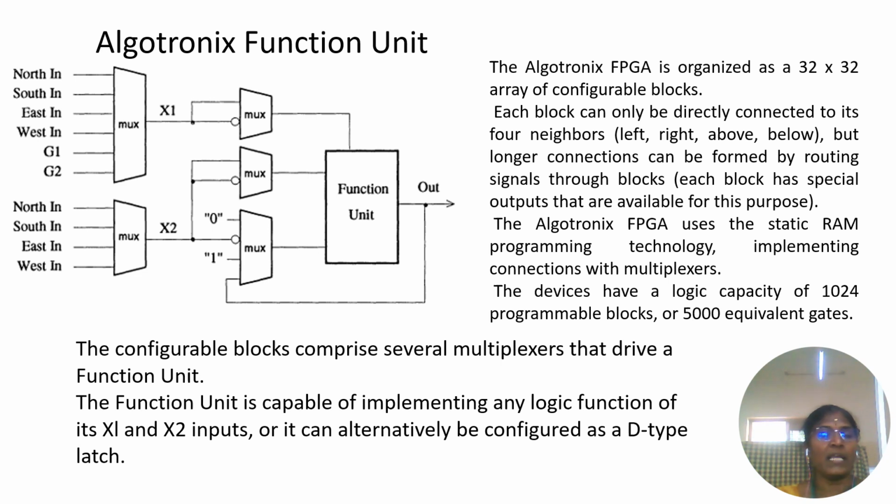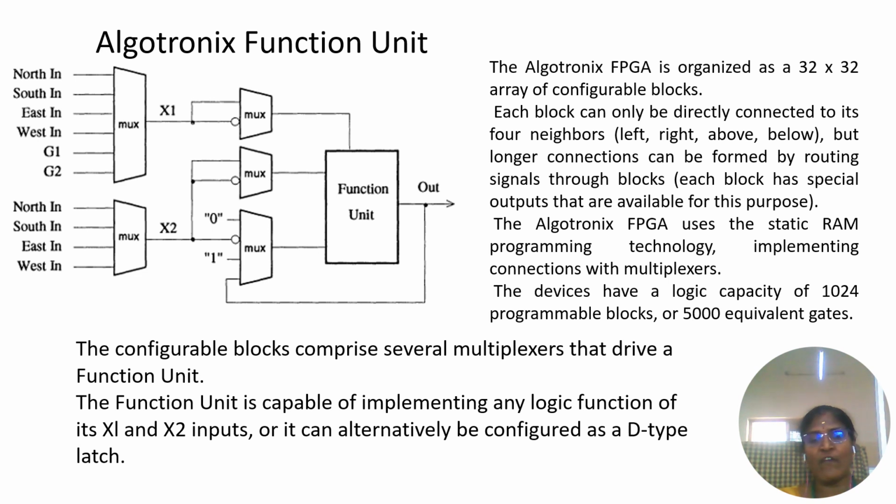Then the next one is the Algotronix function unit. The Algotronix FPGA is organized as a 32 by 32 array of configurable blocks. Each block can only be directly connected to 4 neighbors: left, right, above, below. But longer connections can be formed by routing signals through blocks. The Algotronix FPGA uses the static RAM programming technology, implementing connections with multiplexers.